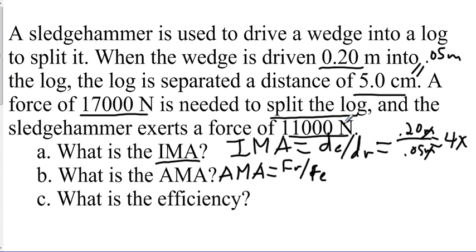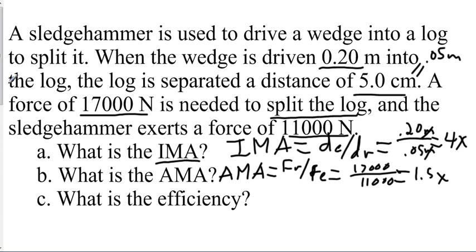That is the force that is input into the system. So that is our FE. And so when we calculate this, we can do 17,000 divided by 11,000. And that gives us 1.5x. So the actual mechanical advantage here is 1.5 times. And so that's what a wedge does in this particular case.